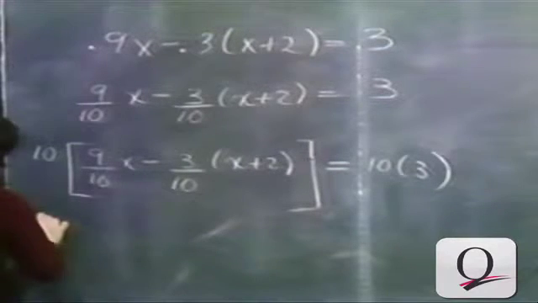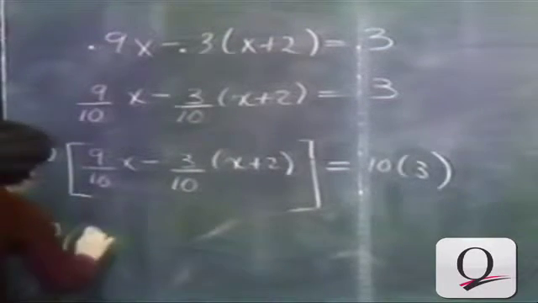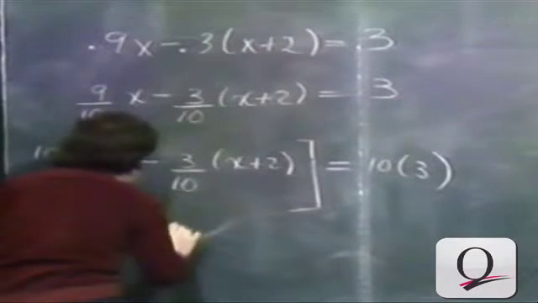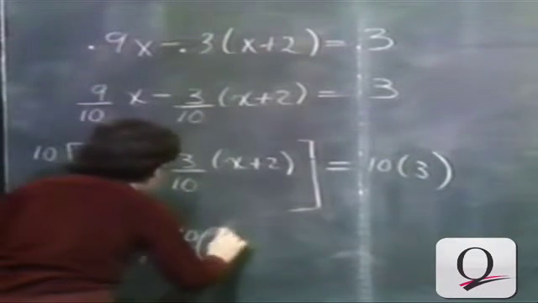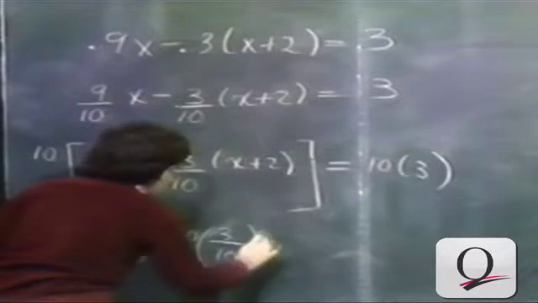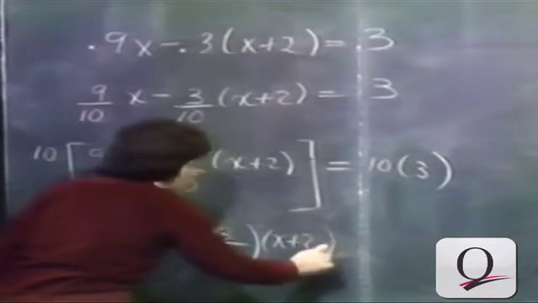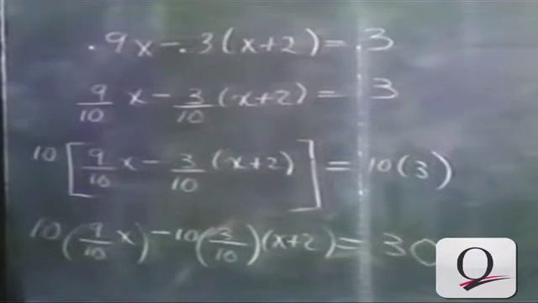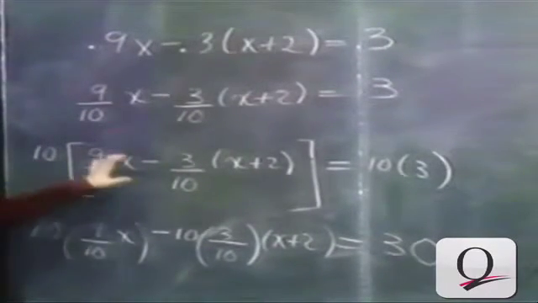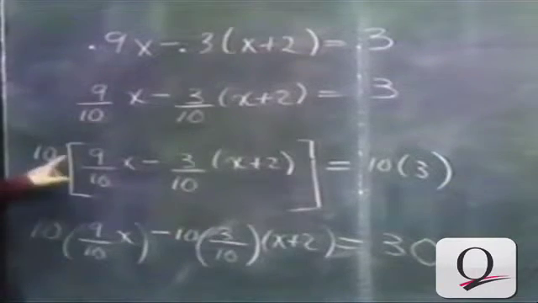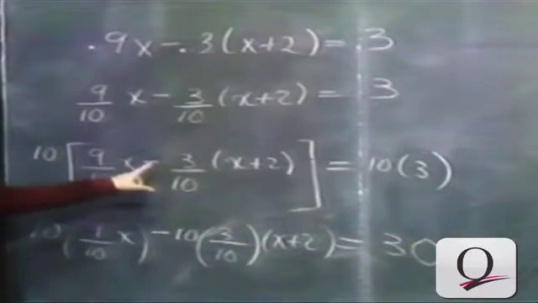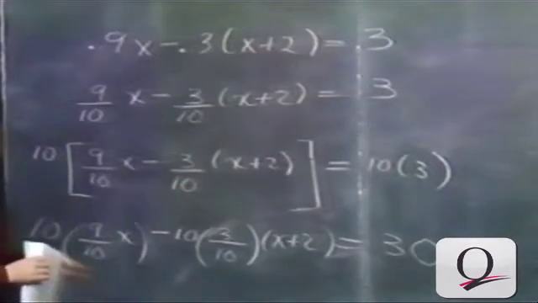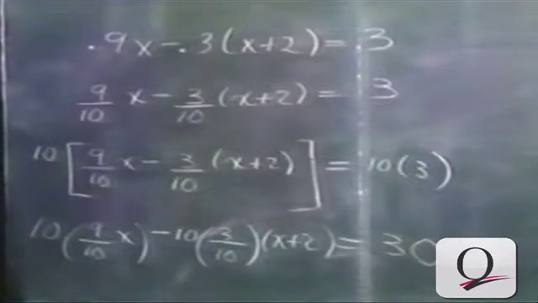This would give us 10 times 9/10 x take away 10 times 3/10 times (x plus 2) equals 30. We're distributing the 10 through the brackets. 10 times 9/10 x take away 10 times 3/10 x plus 2 equals 10 times 3, or 30.